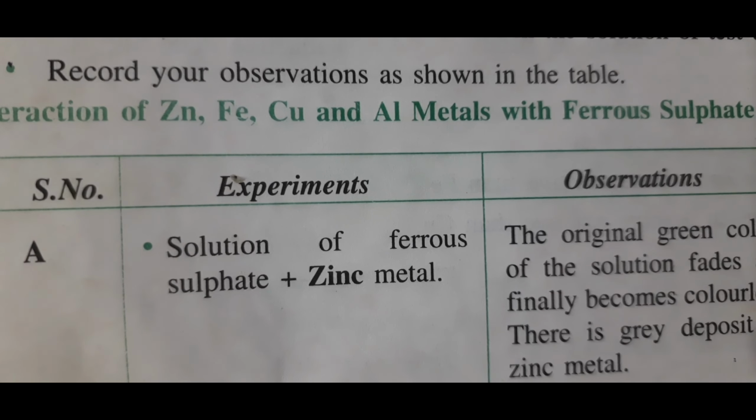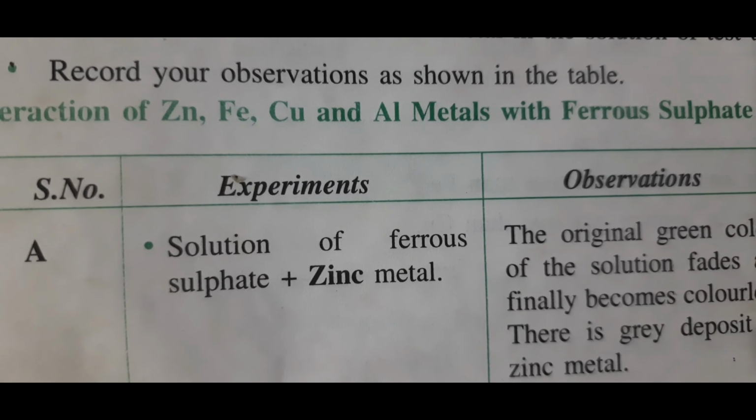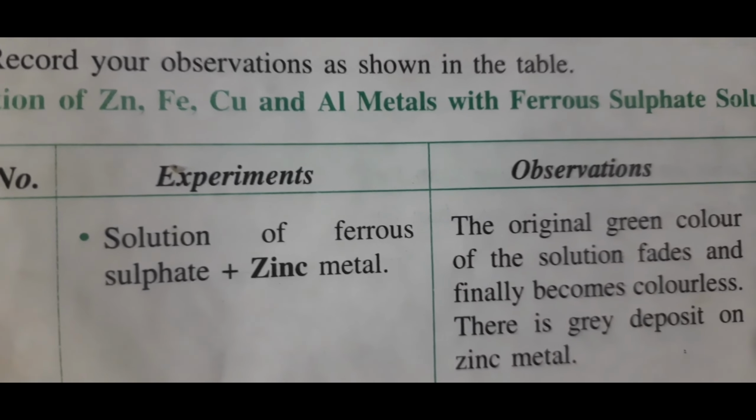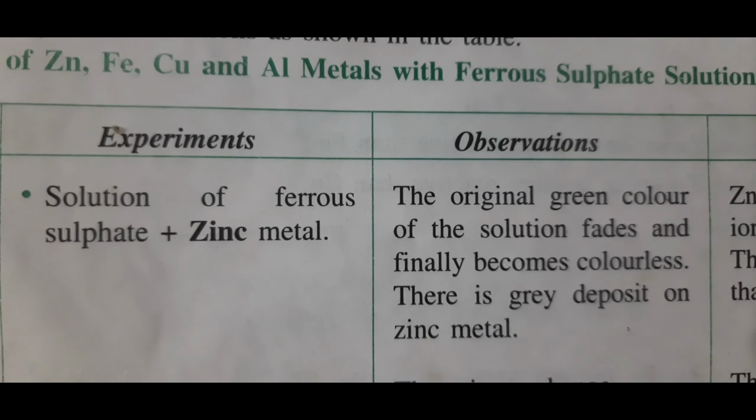Now, serial number A, same as we have done in 5a, but there we took zinc sulfate, and here we will see iron sulfate, that is ferrous sulfate. So solution of ferrous sulfate plus zinc metal. The original green color of the solution fades and finally becomes colorless.